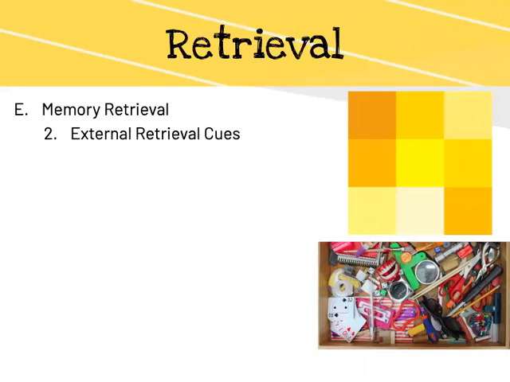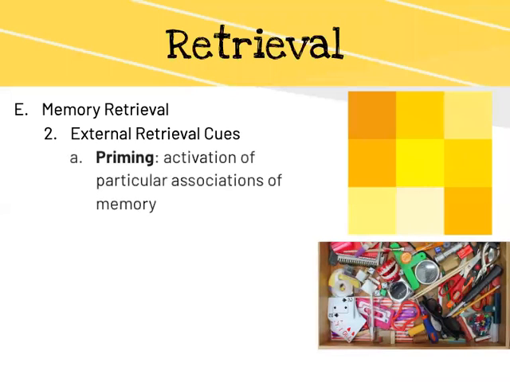Now, we have some other things for memory retrieval: external retrieval cues. What are some things in our environment that act as retrieval cues? The first is something called priming. We've talked about priming before when we looked at unconscious or subliminal messages, which can prime associations.